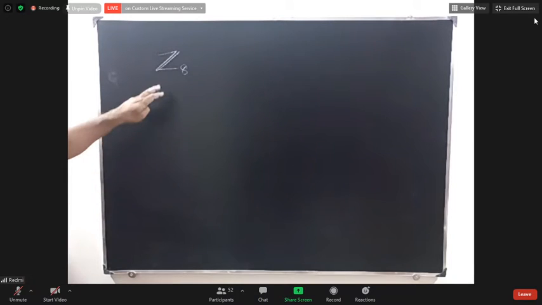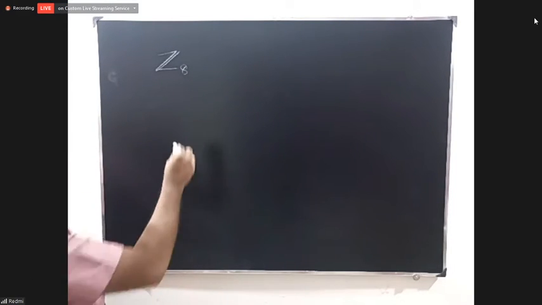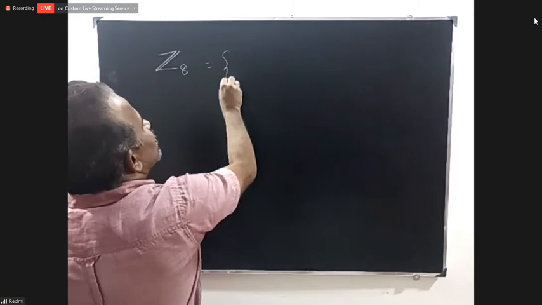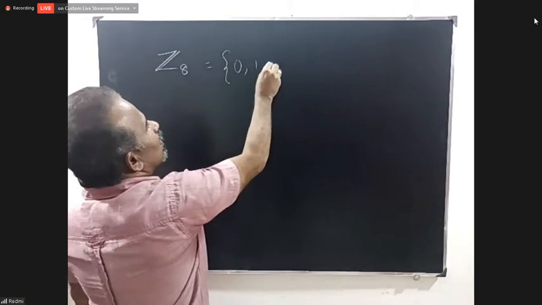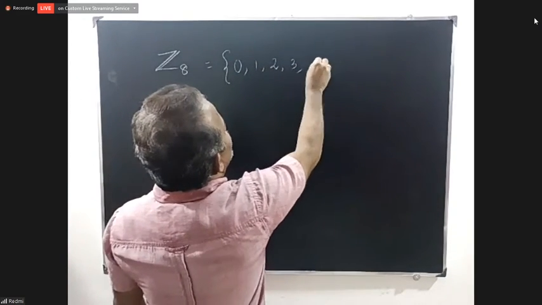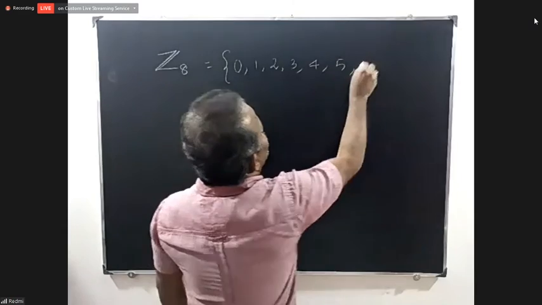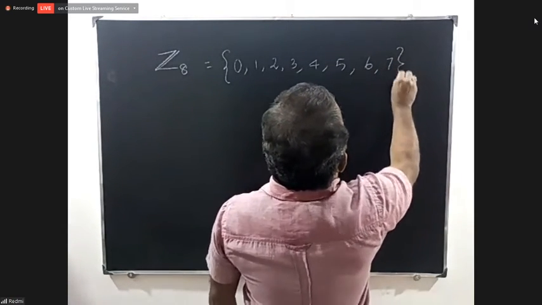Okay. So next one is Z_8, the integers modulo 8. So this is equal to {0, 1, 2, 3, 4, 5, 6, 7}.